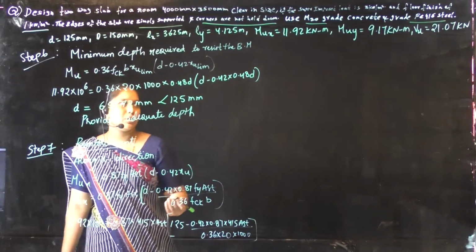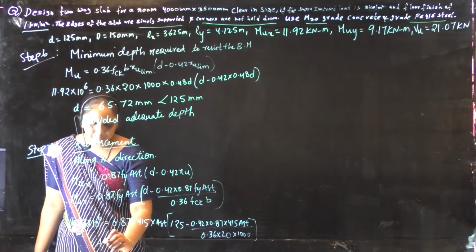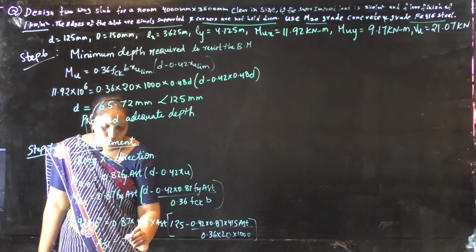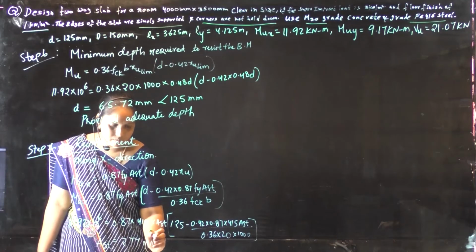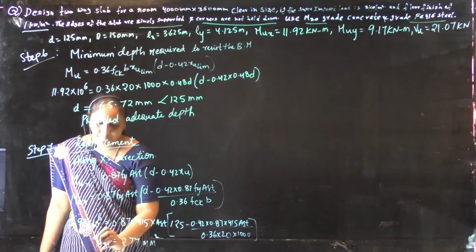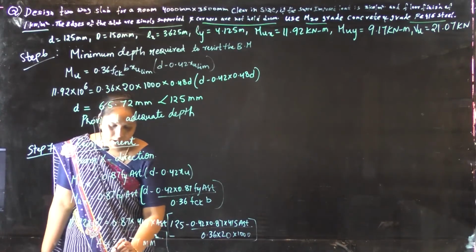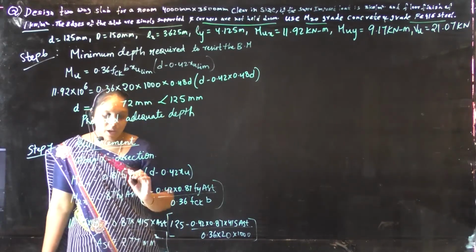So if you solve this, you will get a value of AST equal to 277 mm square. That is, along the x direction the area of steel we have to provide is 277 mm square.